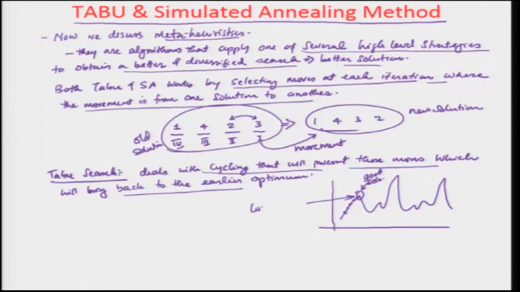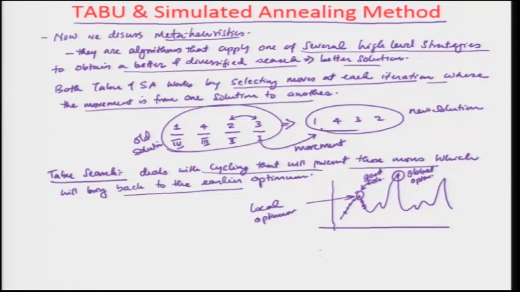We call this a local optimum. So from here, there is no other way in any of this area. Even if you start from here, you will go back to this optimum only. So what is the way to get out of this optimum and reach this particular one? Let us say this is the global optimum. How do you do that?